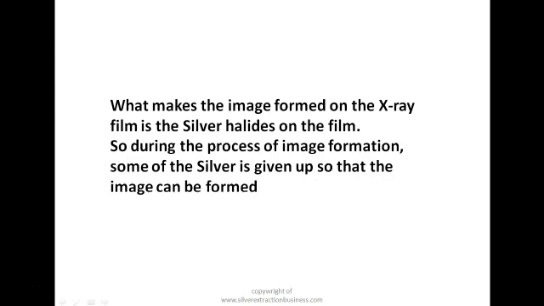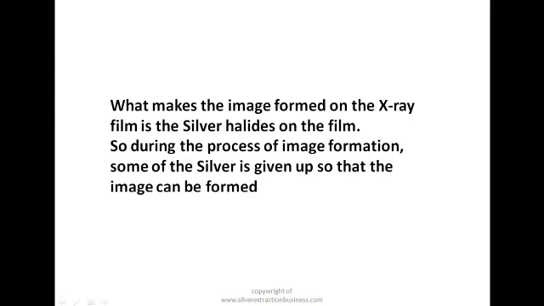Now, X-ray films are used by hospitals in the radioactive production of images. It's passed through a radioactive device or machine that actually helps the image to be fixed on the X-ray. What makes the image form on the X-ray film is the silver on the film.